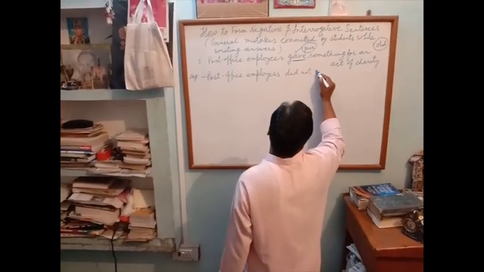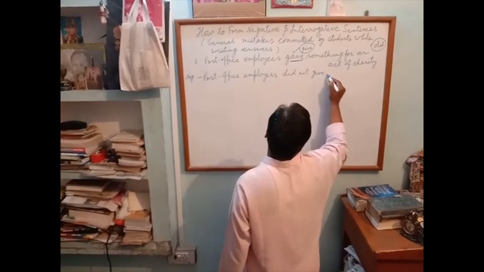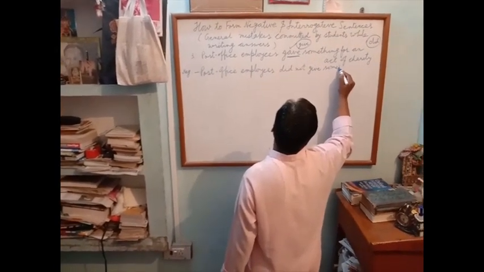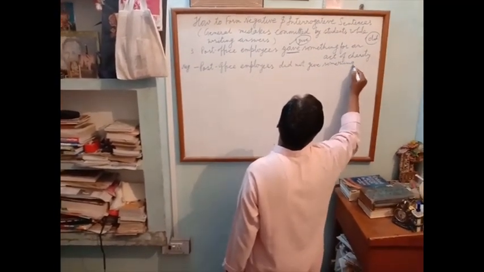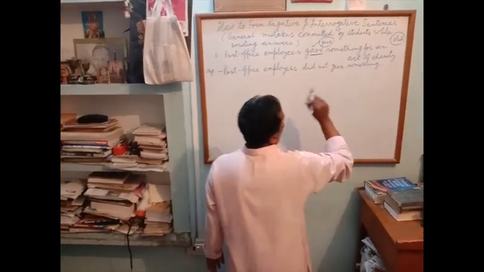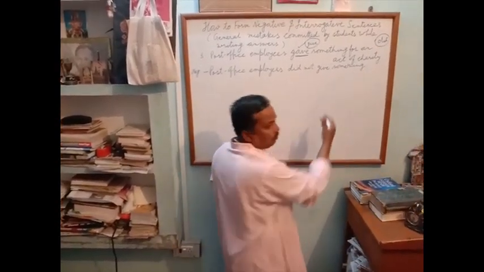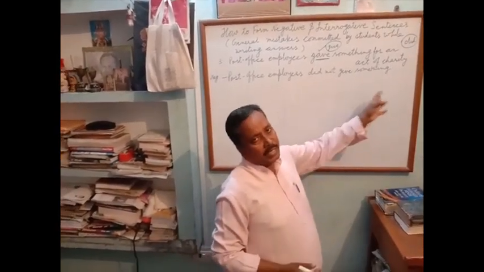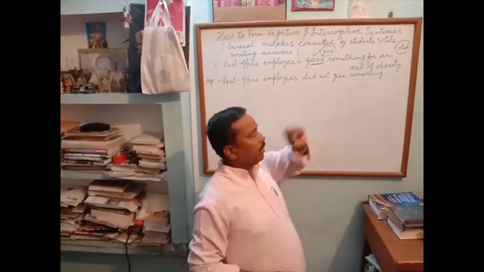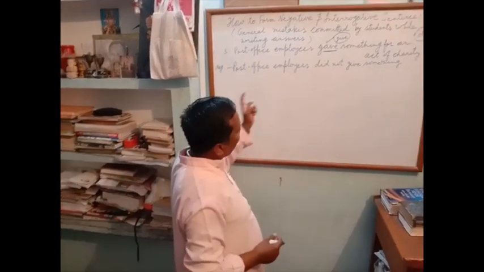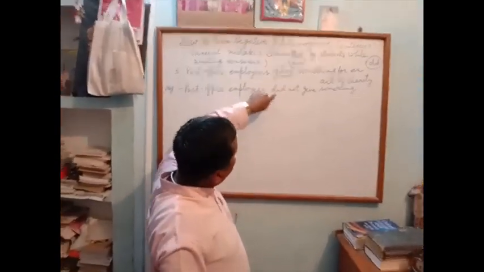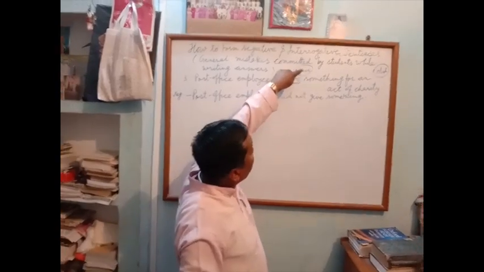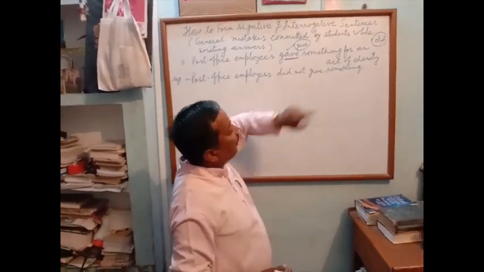Did not give something. Let it end here. For an act of charity, no need to write. We have simply to understand how to form a negative sentence. If we use did, then only the give form is written.